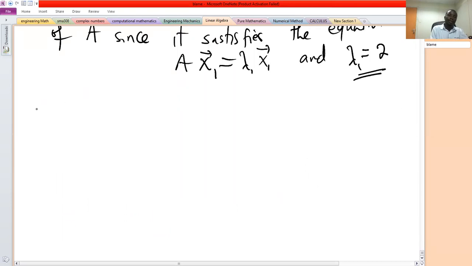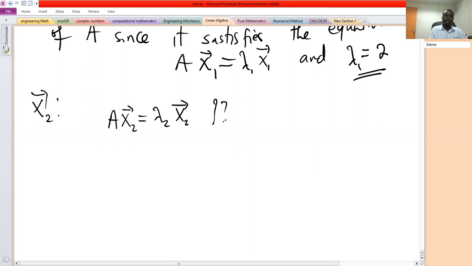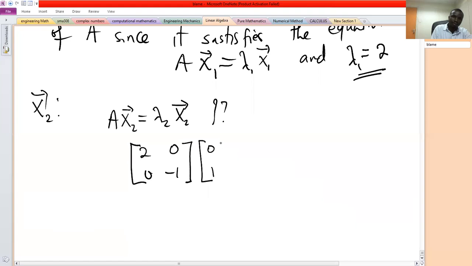Then for x2, we have A x2, and we have to show that it's the same as lambda 2 x2. So we take A, 2, 0, 0, negative 1. x2 is given by 0, 1. We expect to get lambda 2 times the same vector 0, 1.